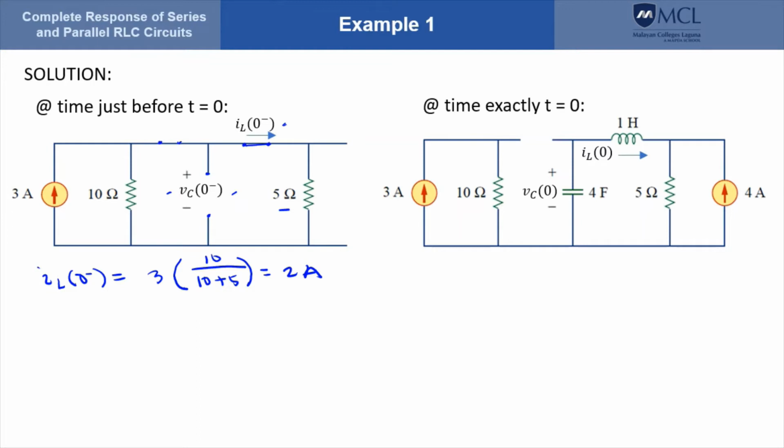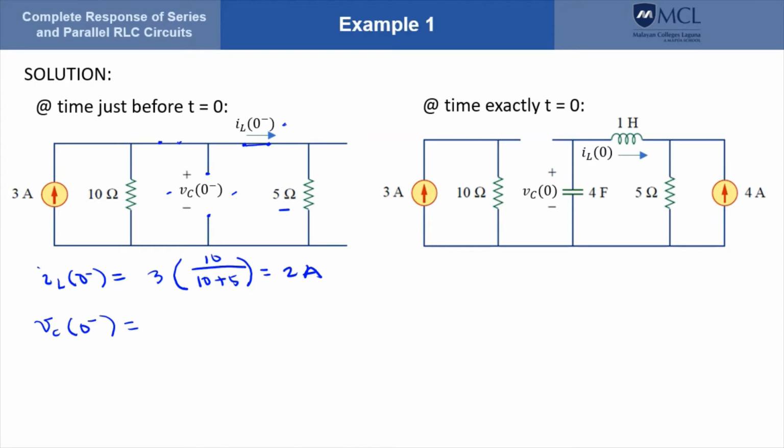We can also now compute for V sub C of 0 minus, since this capacitor, which is an open circuit, is parallel to the 5 ohms. That would mean the voltage across the 5 ohms will also be the voltage of that capacitor.